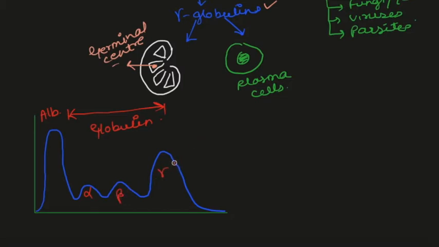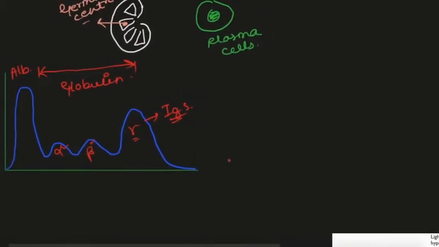A majority of the immunoglobulins, or Igs, are classified under the gamma globulin section, and even the alpha as well as beta portions of the globulin region have recently been discovered to have some sort of immunological properties.